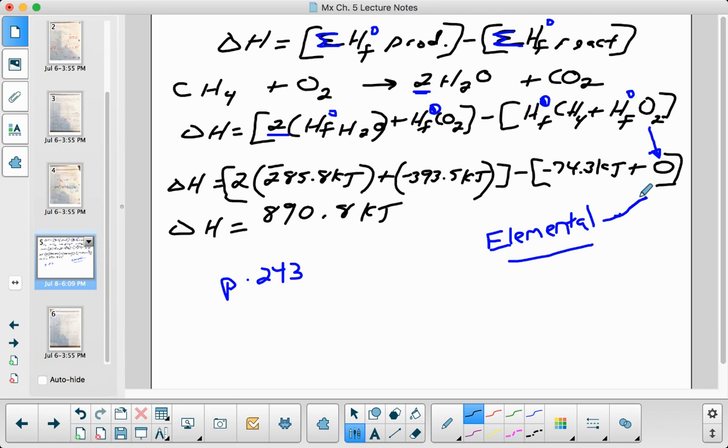And you don't even really need to remember that. If you remember this format, when you go to look up the elementals, you'll see that the values don't exist. They're not listed. The space in the standard table is 0.